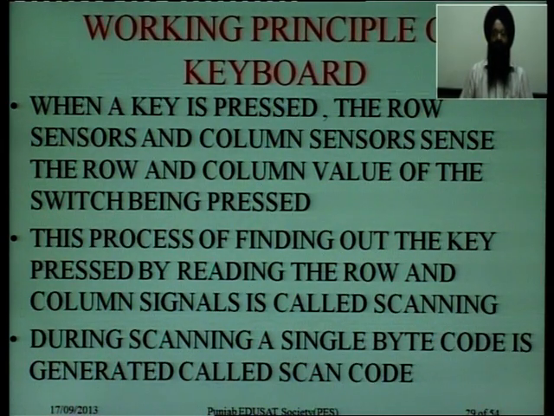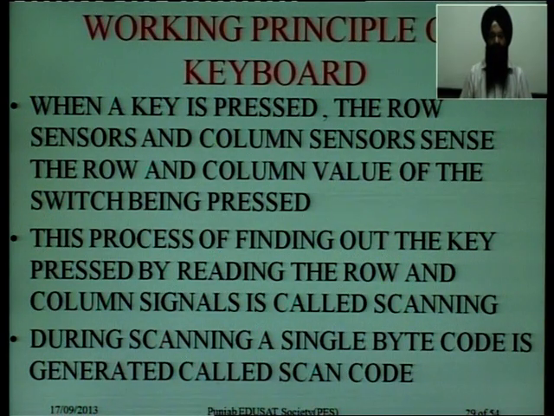Now we will discuss how the key is located, that is, which key is pressed on a keyboard. When a key is pressed, the row sensors and column sensors sense the row and column value of the switch being pressed.